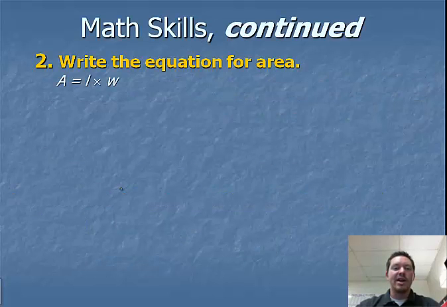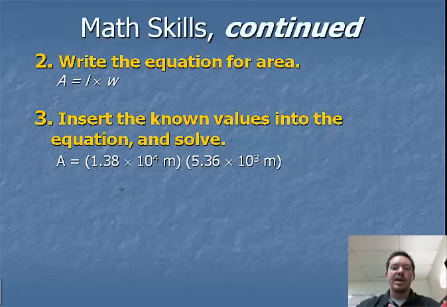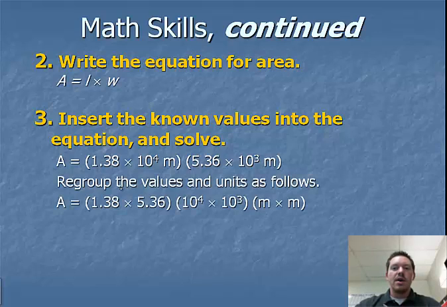We can find area by multiplying length times width. So you take 1.38 times 10 to the fourth meters times 5.36 times 10 to the third meters. You can then regroup if you would like to, but basically you're multiplying 1.38 times 5.36, and since this is a multiplication problem, you're going to add those exponents.